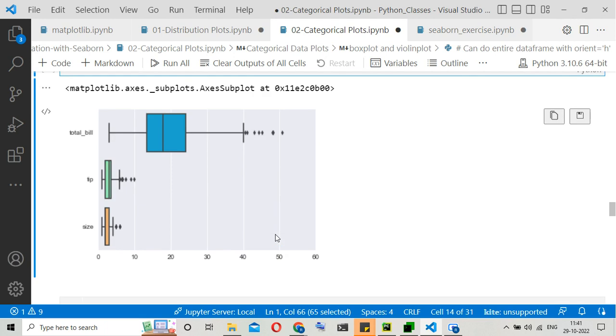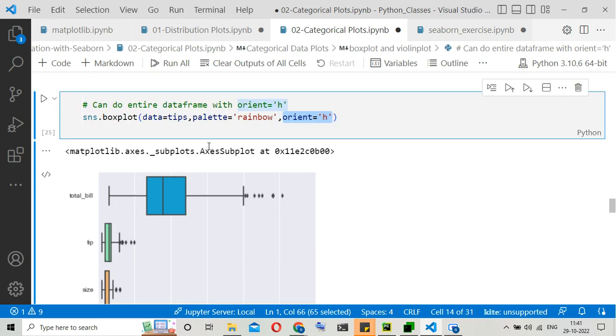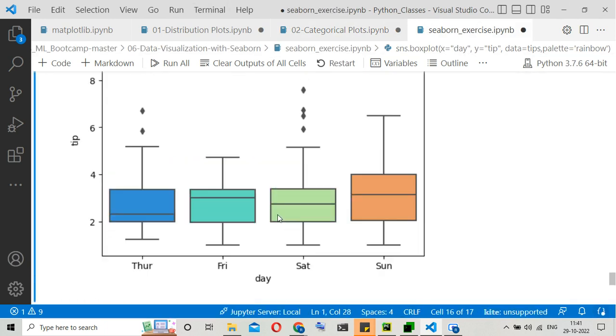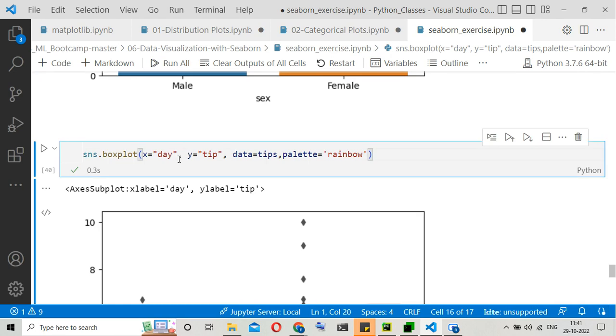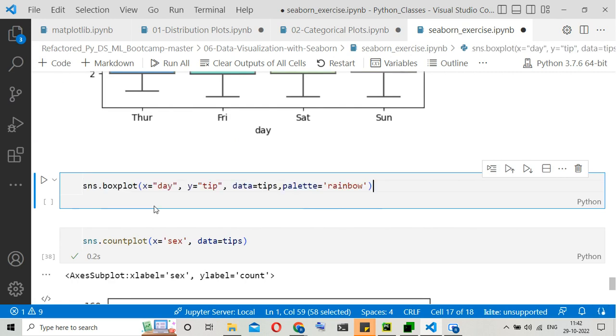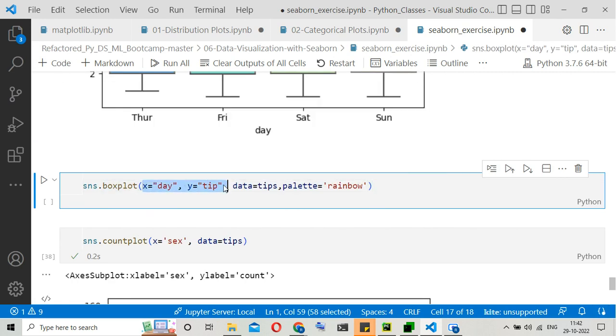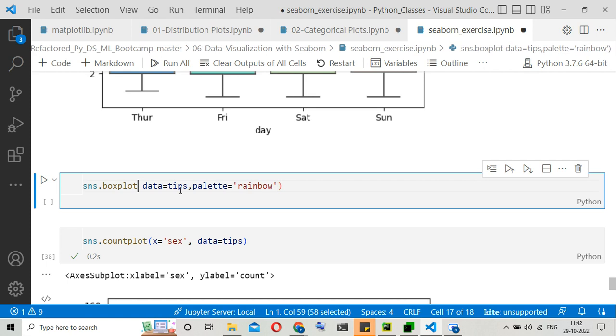This is like an overall view of all the data. Similarly, you can try for this one, the sepal data and all. Just Control A, Control C, and try to plot the box plot for the entire iris data.